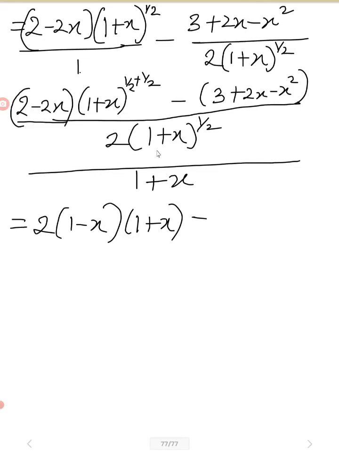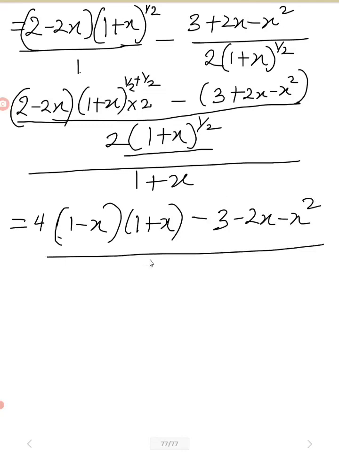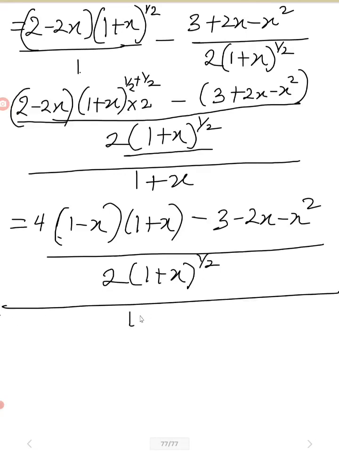Recall that when we multiply, we only multiply this by the top, but it also has been multiplied by 2. So this one will be 4. This will be 4 brackets. So now it will be minus 3 minus 2x minus x squared, all over 2 onto 1 plus x all raised to power half, the total 1 plus x.